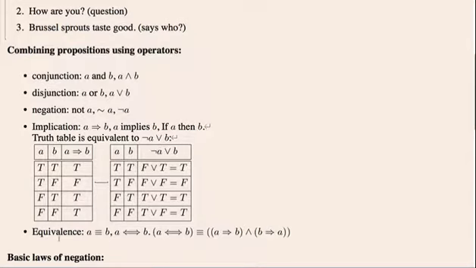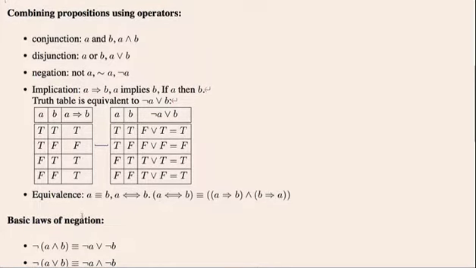Now we also use the equivalence of two propositions, either written with this triple equal sign or this double arrow. A is equivalent to B. Statement A is equivalent to proposition B. And this equivalence really means two implications. It's equivalent to saying that A implies B and also B implies A.